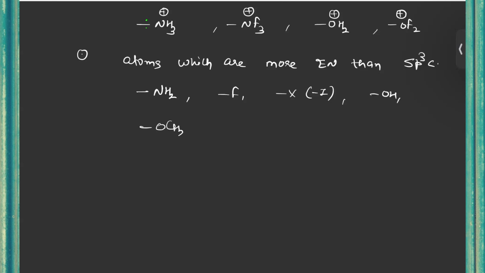Chlorine, bromine, iodine. OH we can say, OCH3 we can say, and NH2, fluorine, OH, OCH3. So all these groups are minus I groups.